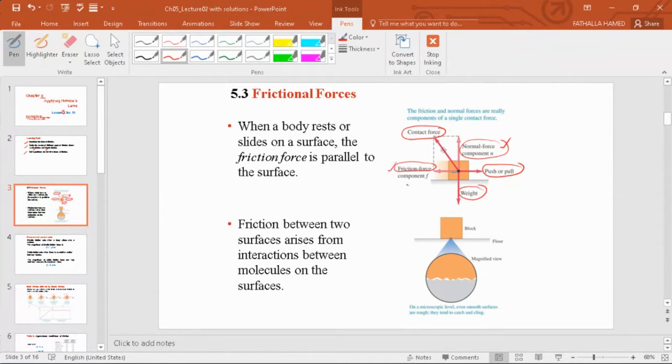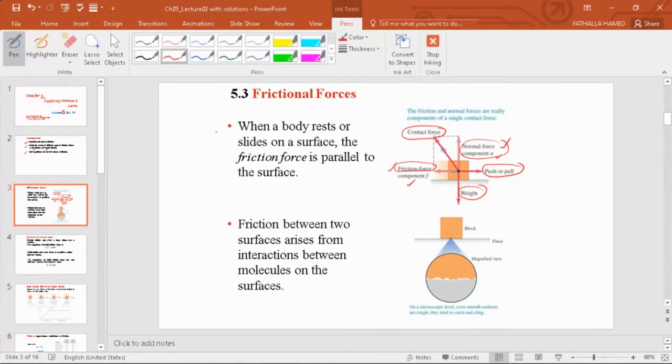Here we say component F and component N, and that can give you a resultant force which we call contact force. That's another way of looking at it. But usually friction comes as a result of the contact between the two surfaces when you want to slide one over the other.